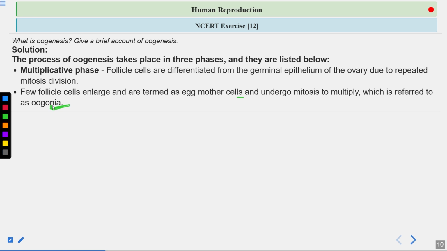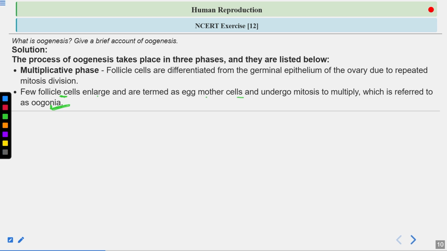These oogonia are diploid, and they are formed from the follicle cells. Some of the follicle cells present in the ovary enlarge.